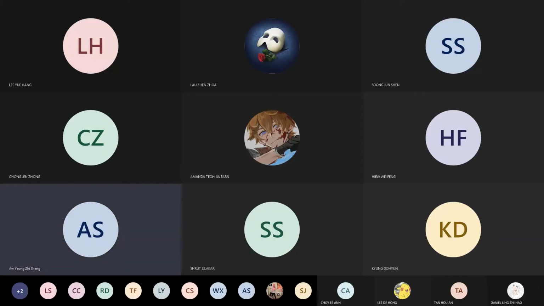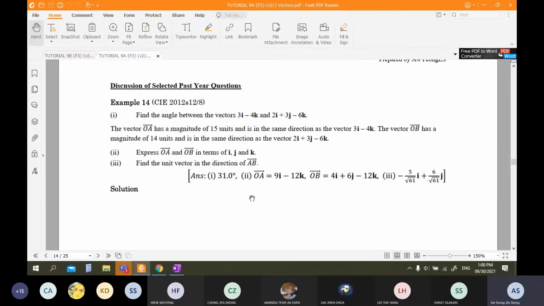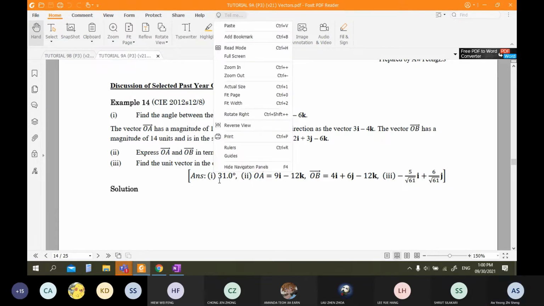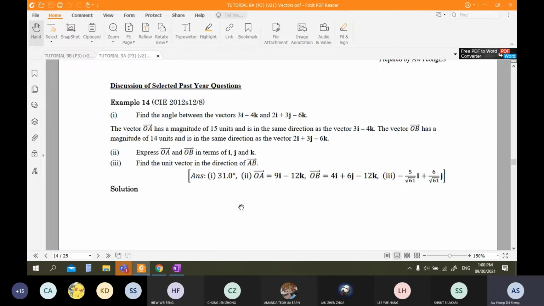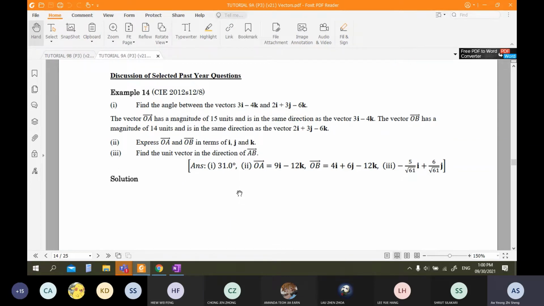Okay, example 14 and onwards will be just discussion of selected past year questions. And we aim to complete this chapter 9A by today, because there is still a lot much more to cover in our syllabus for the chapter of vectors.